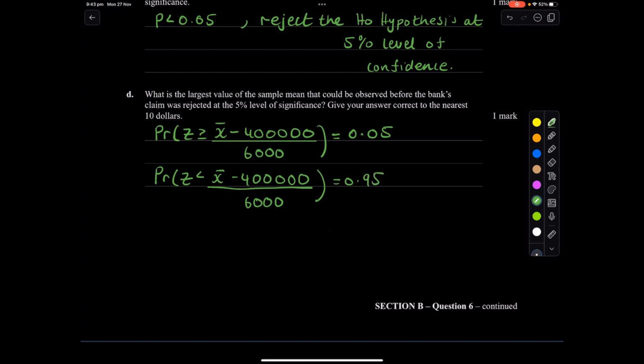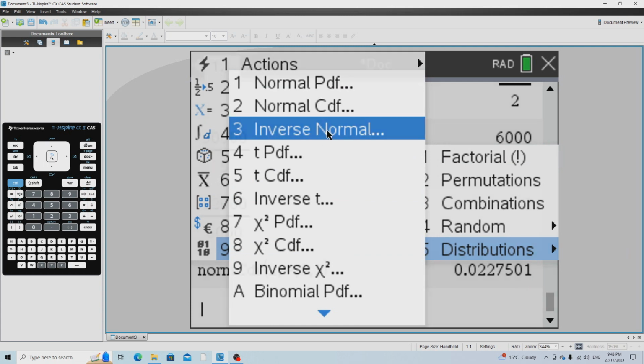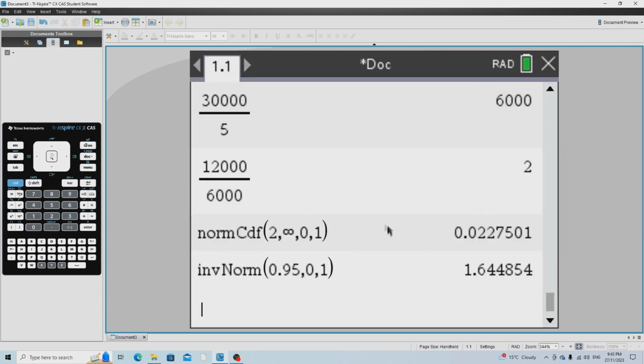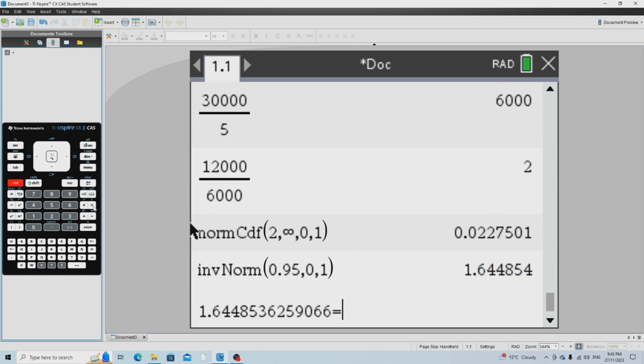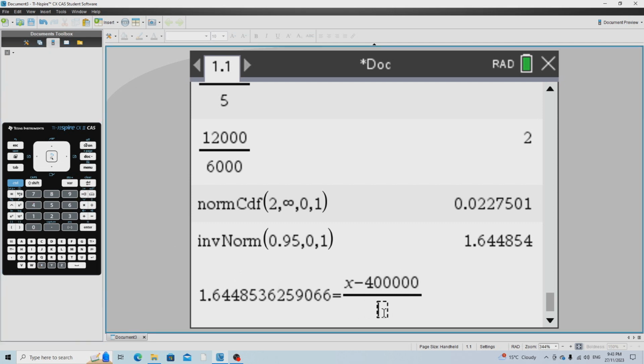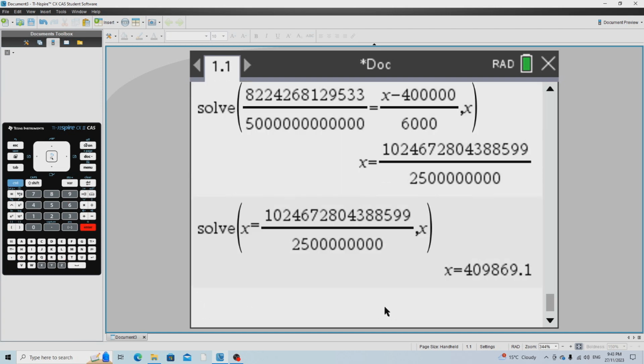Using my calculator, go on menu, probability distribution, inverse normal, and we put 0.95. This should equal x, which is what we're trying to find, minus 400,000, divided by 600,000. We solve, answer, comma x. And our x value is this.